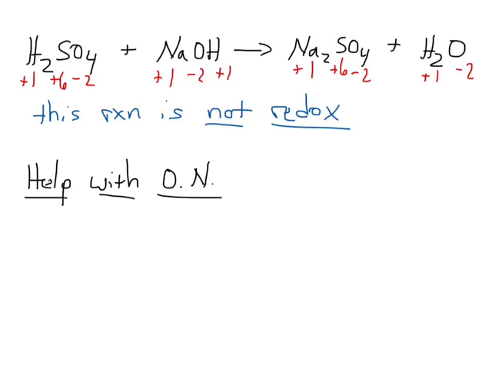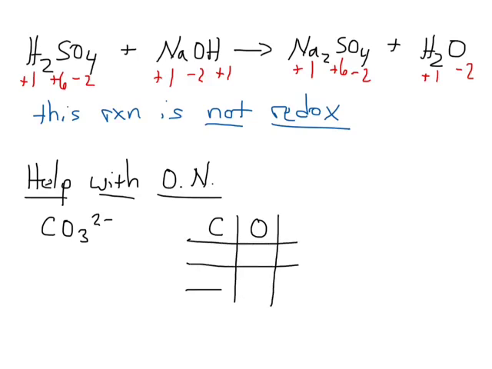But if you want to take a look, let's look at an example, carbonate, CO3 with a -2 charge. If our job is to figure out the oxidation number for everything involved, what I've done in the past is I create a table, a little grid. I take each element that I'm going to be trying to figure out. I break it down into three rows.